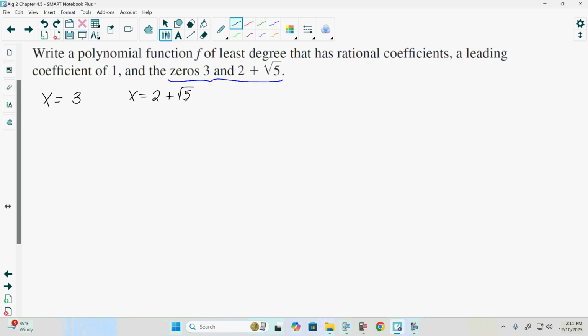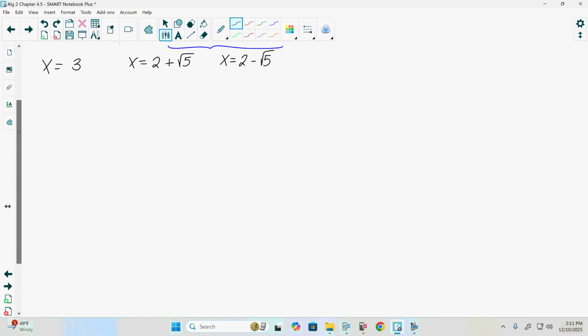But according to the last theorem we had, if a plus the square root of b is a solution, then a minus the square root of b has to be a solution. If we have one, then we have to have the other. Questions on this so far?